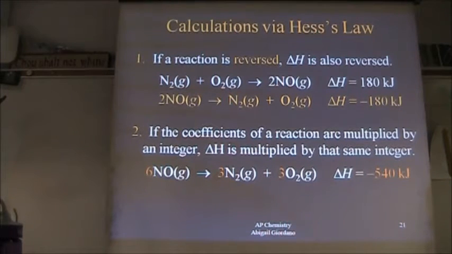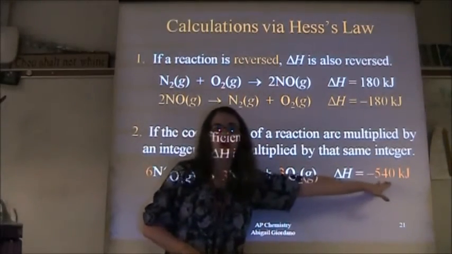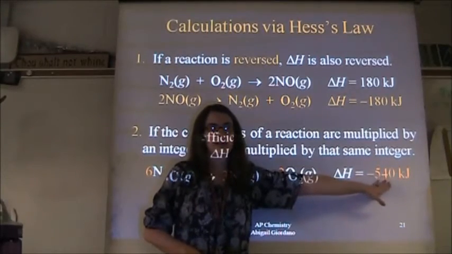What does that mean? Yeah, what does it mean? It is affected by how much of the reactants or product you have. Absolutely. An extensive property is affected by how much reacting material you have. We have tripled the amount of reacting material, so we will have triple the release of heat.